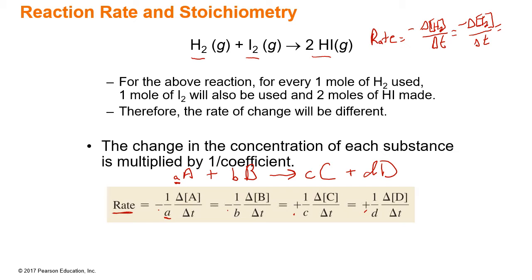But for our hydrogen iodide, it is going to be positive because it's the product, 1/2 the change in concentration of HI over the change in time.